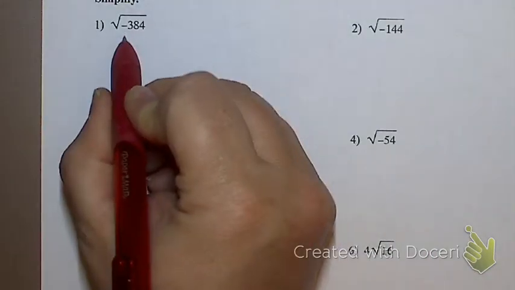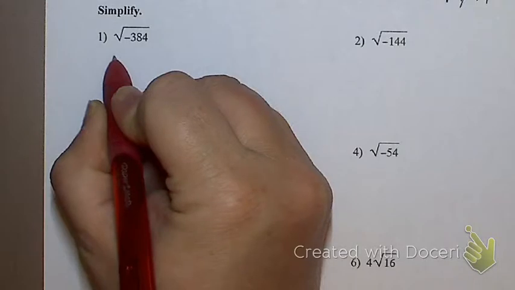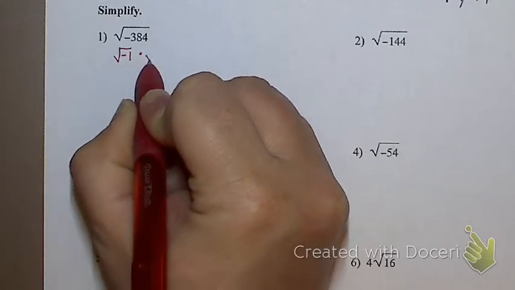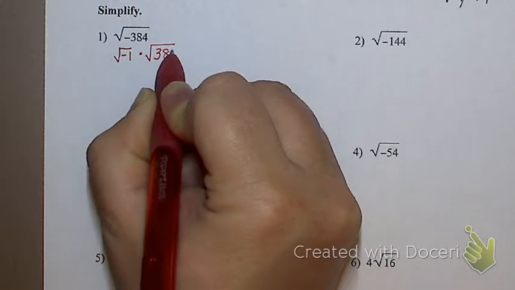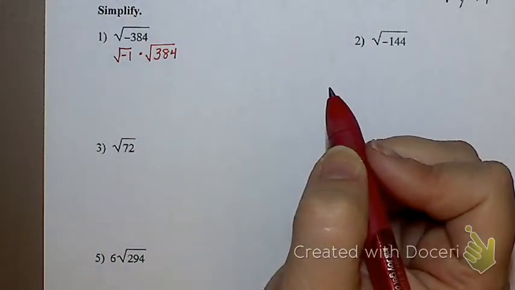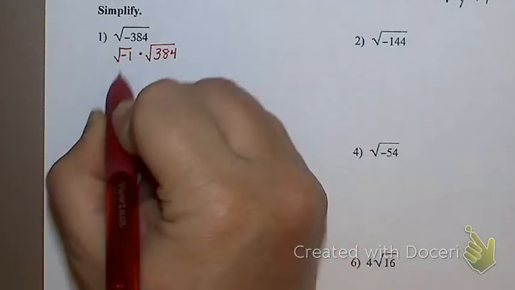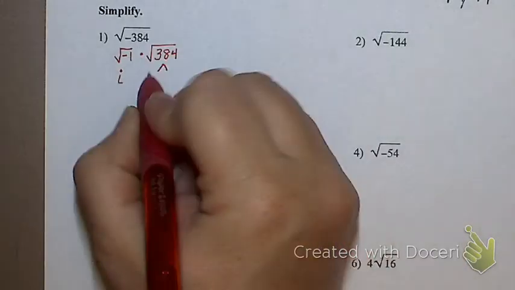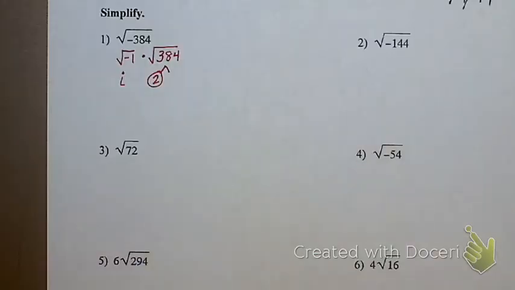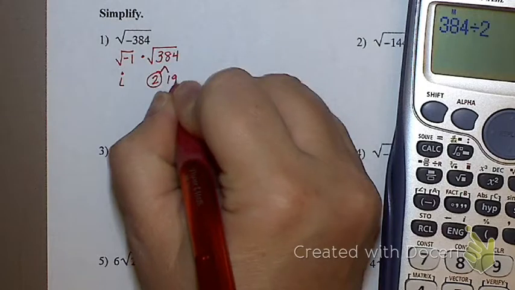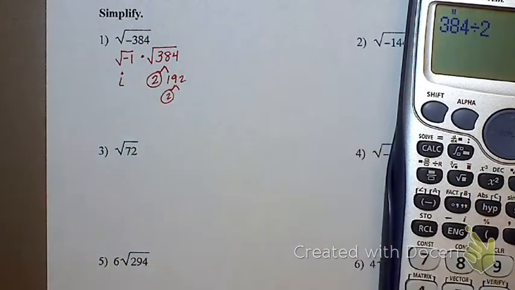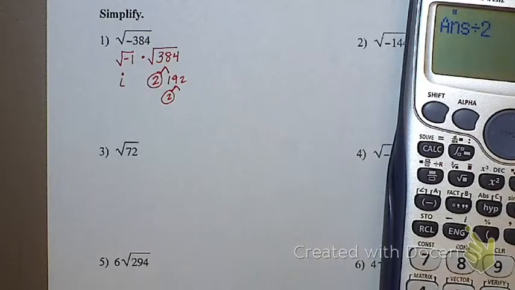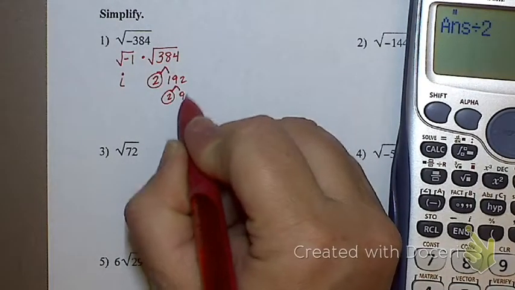So I need to think about this whenever I see a negative number under a radical. If I go up to number 1, I have that negative sign, don't I? So I need to think about this as the square root of -1 times the square root of positive 384. I have an i here, and this one I can draw a tree for. 384 is 2 and what? 384 divided by 2 is 192, that's 2 and 96.